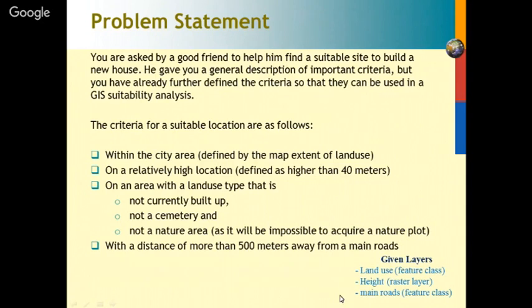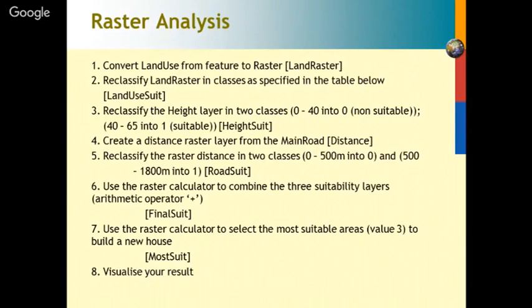In that case, we are looking for land use classes, especially the feature class, the height or raster data sets, as well as the main roads, especially to find out the proximities. Under that, in raster analysis tools, we generally do steps like conversion from feature to rasters, because all the operations we are going to do are raster based, and a few specific software packages work only on raster based data sets.